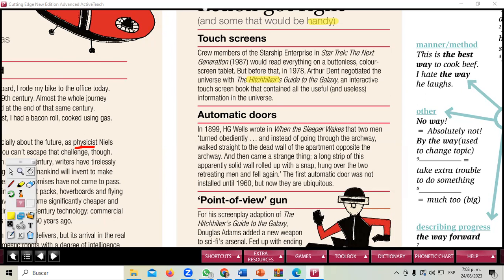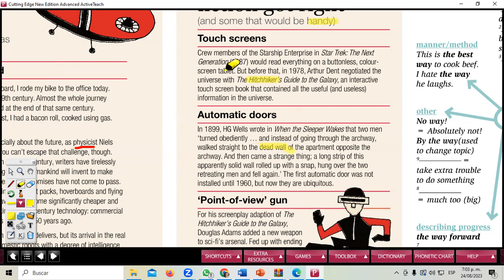And then came a strange thing. A long strip of this apparently solid wall rolled up with a snap, hung over the two retreating men and fell again. The first automatic door was not installed until 1908. But now they are ubiquitous.